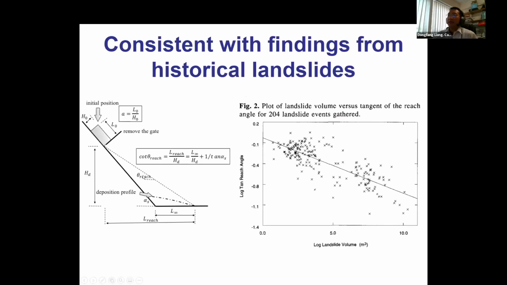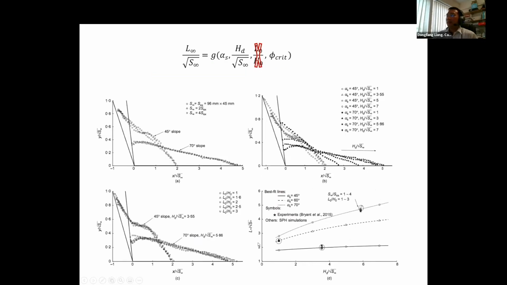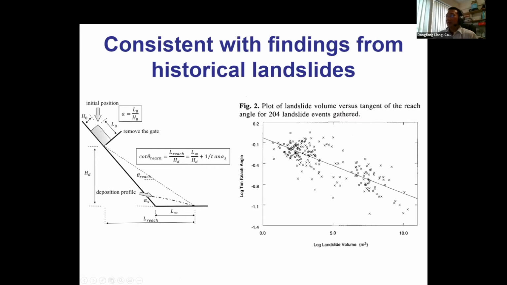But the reach angle, theta reach, is actually related to HD over L infinity. So as the volume of the landslide increases, this angle should decrease. And this trend is inconsistent with the observations of real landslide phenomena. As the landslide mass increases, statistics show that the reach angle indeed decreases.